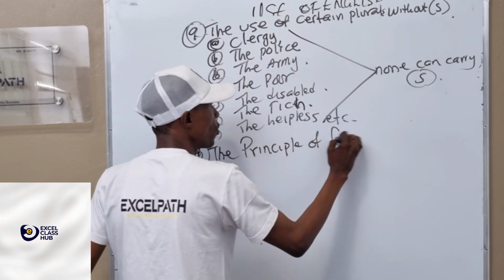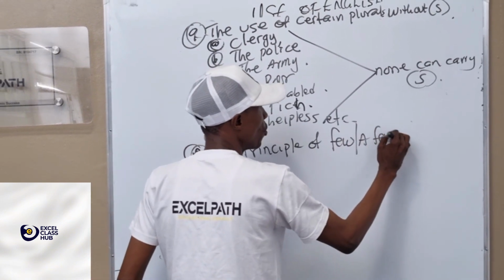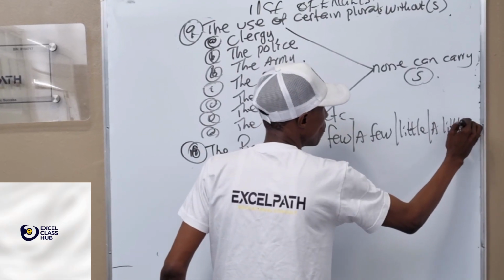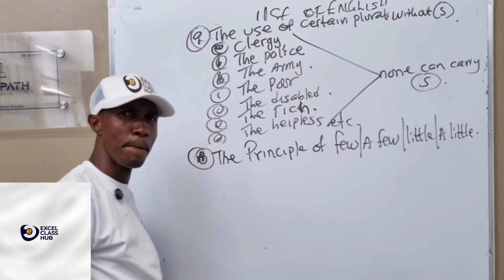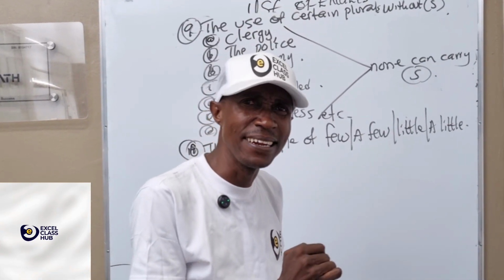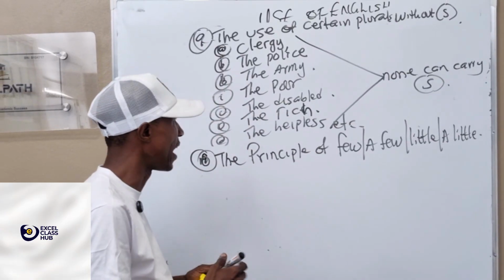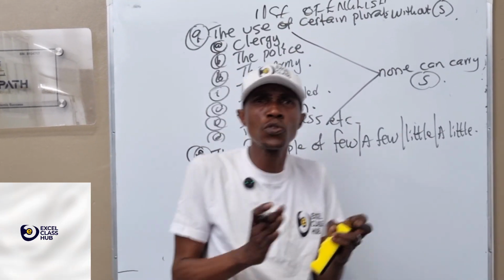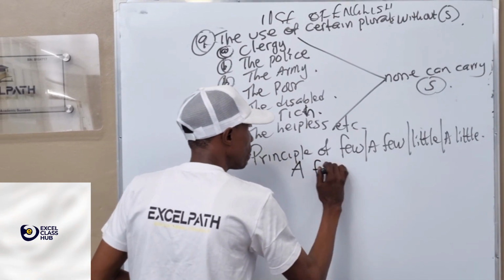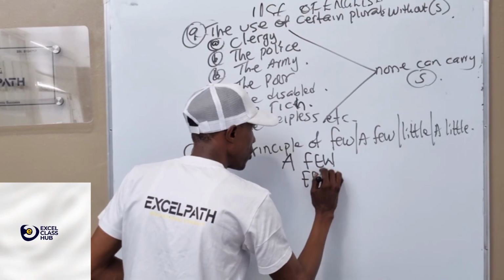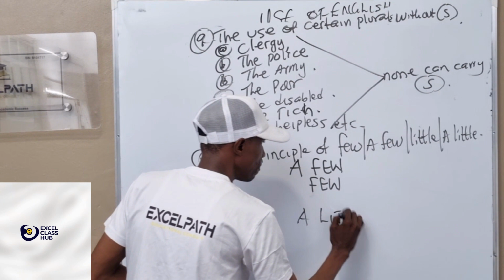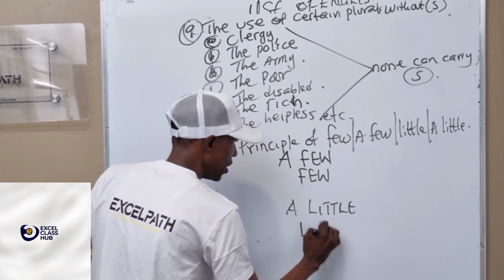Then the next principle that we want to look at is number 10, the principle of few, a few, little, and a little. Please take note. Many students find this difficult, but obey the principle that is guiding it. You will be able to understand them very well. I will group them into two categories for better understanding. We have a few and few. Then we have a little and little.